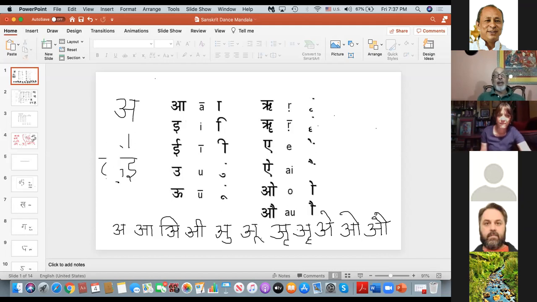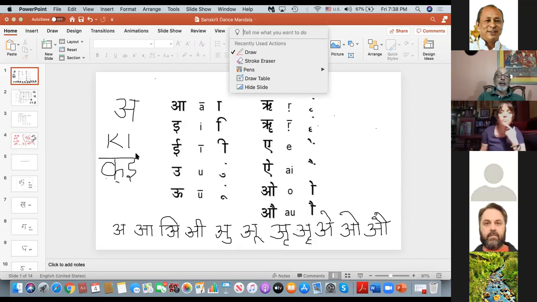This will be key, right? If we follow just the Roman way of writing, you're supposed to write Ka for K and this I for E. It's supposed to be written like this, but we don't write that way.